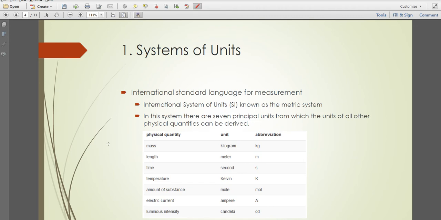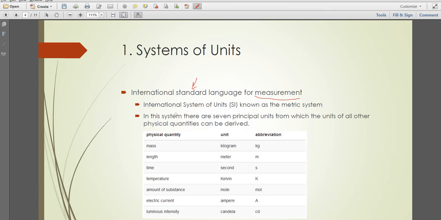The first thing to understand here is the system of units to be used. And what is that system of units? The system of units is an international standard language for measurement. This is why we call it standard, because it's understandable by all engineers of different fields: civil, chemical, electrical, mechanical, and all types of engineers.